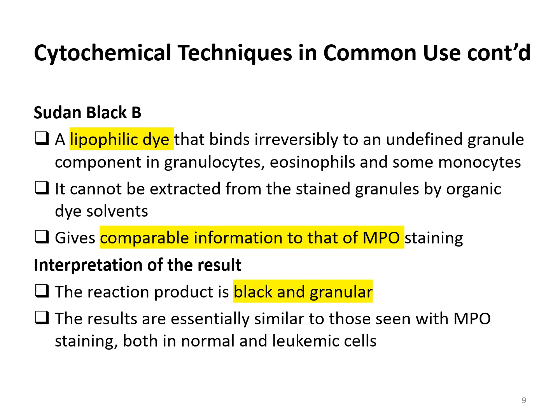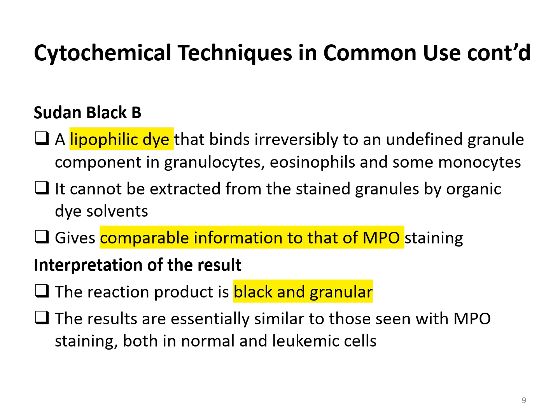It cannot be extracted from the stained granules by organic solvents, and it gives information comparable to that of the first stain, MPO. The color is black, with granular deposits in the cytoplasm.